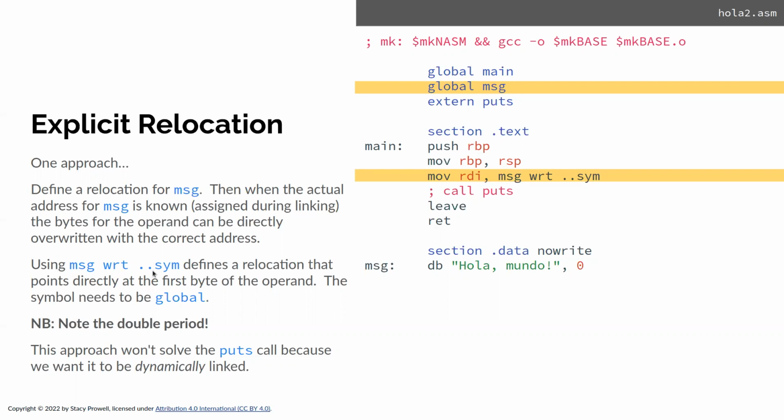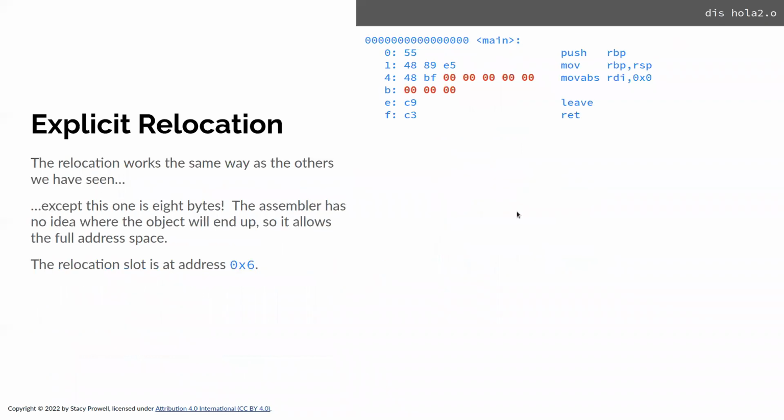And that will cause the assembler to output a relocation record for this guy right here. The symbol needs to be global for this to work, so I define global message up here. The linker will see it, and it'll define a relocation for it. This won't solve our puts problem because we want that to be dynamically linked.